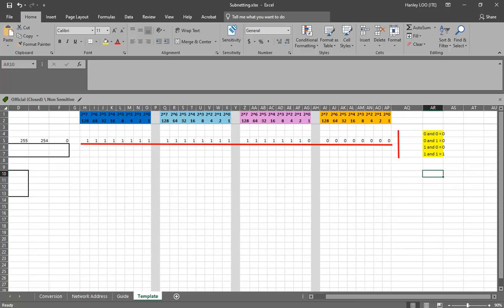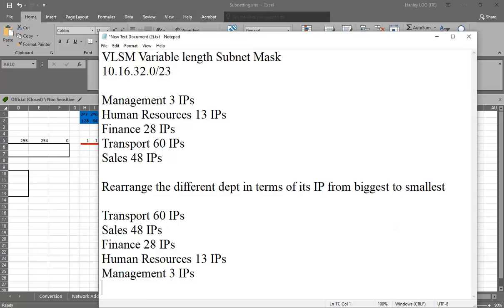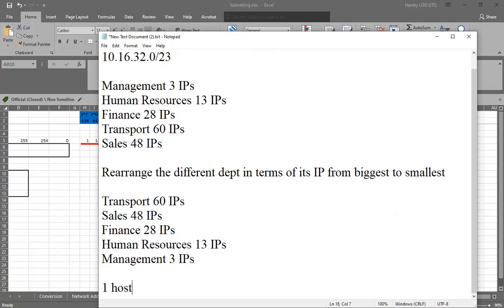So if I have one host bit, which is equivalent to the dotted decimal notation 255.255.255.254, or /31, it means that I will have 2 to the power of 1 addresses. So basically it will be 2 IP.